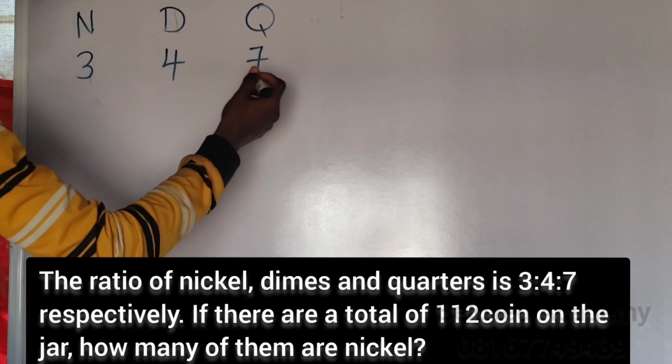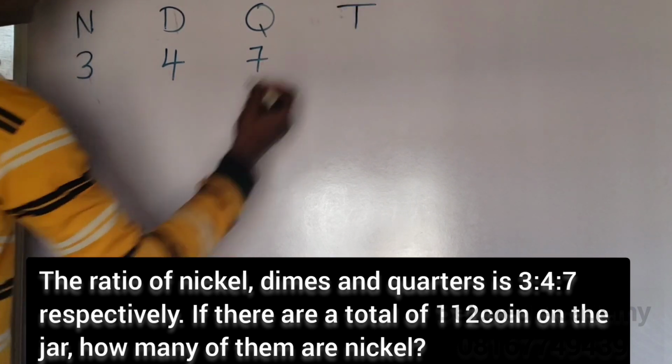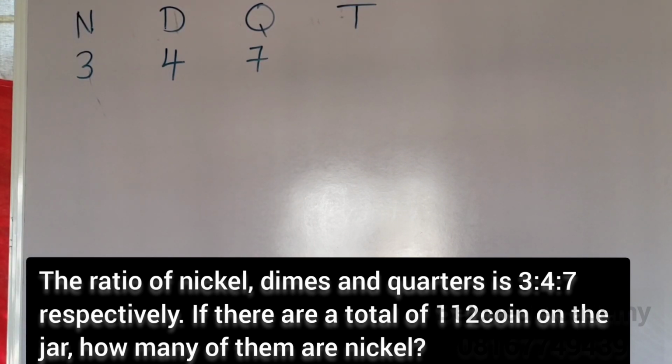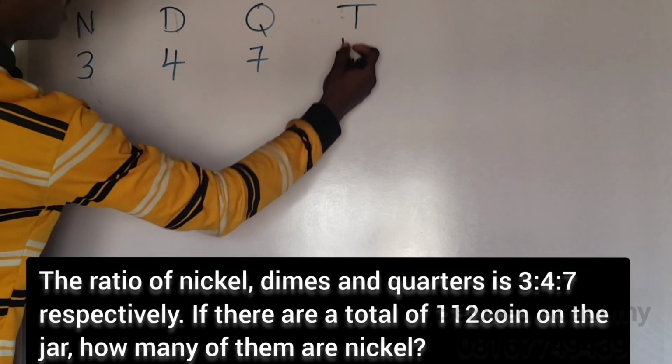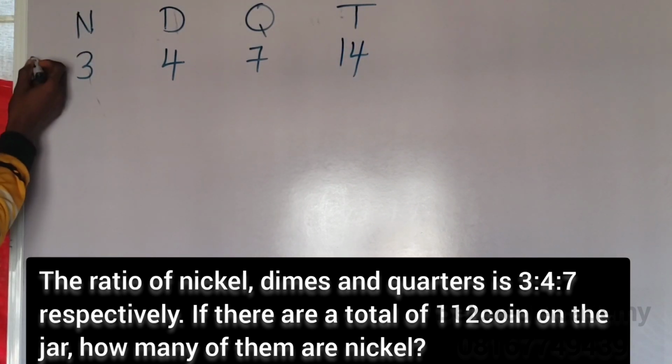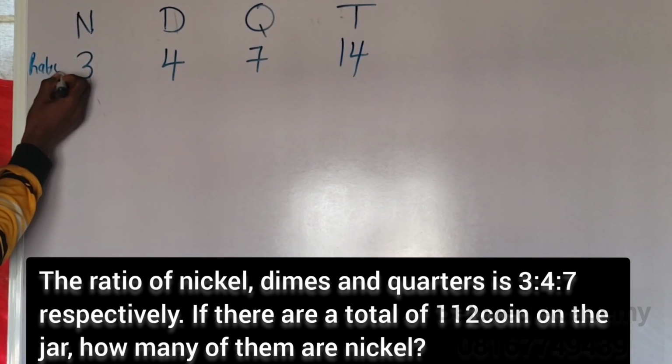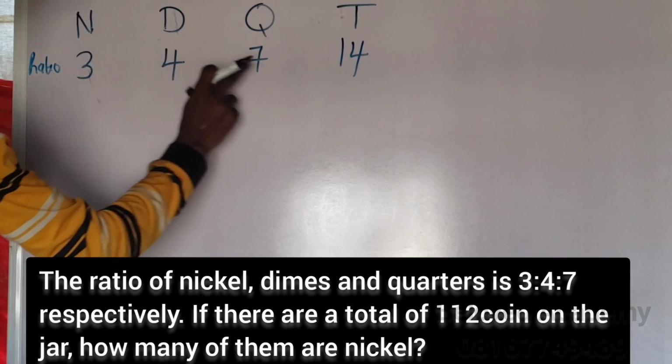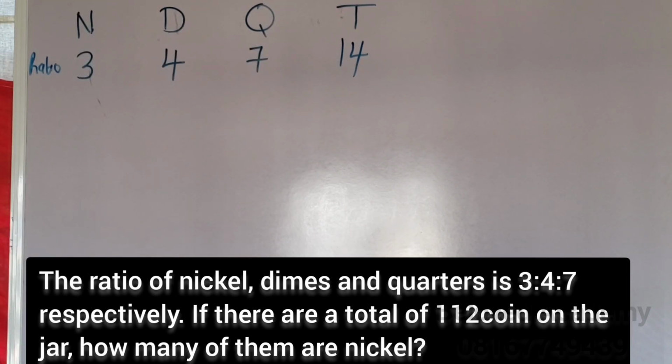Now using this approach, I want to express it in fraction like we did for the previous questions. Now the total here will be 14. That will be the total ratio: 3 plus 4 plus 7, that is 14.